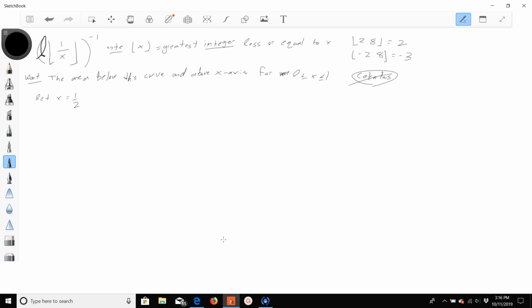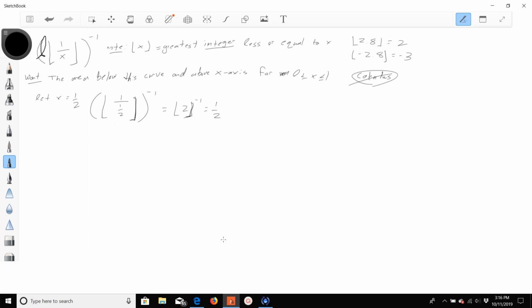So we get the floor of 1 over 1/2, to the negative 1, which is the floor of 2, to the negative 1, which is 1/2, because the floor of 2 is 2, and 2 to the negative 1 is 1/2. So we get 1/2 there.